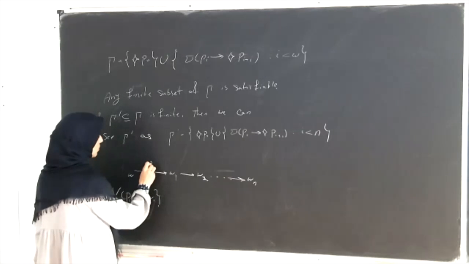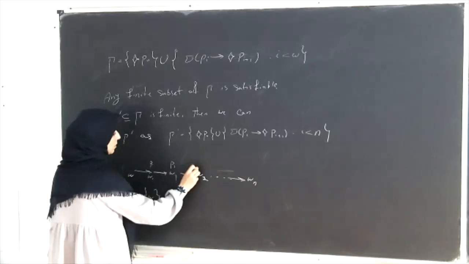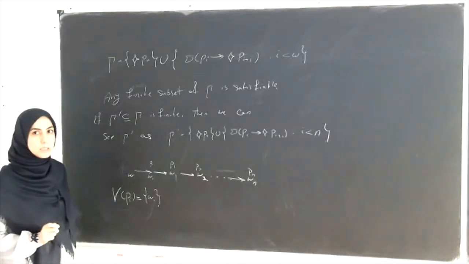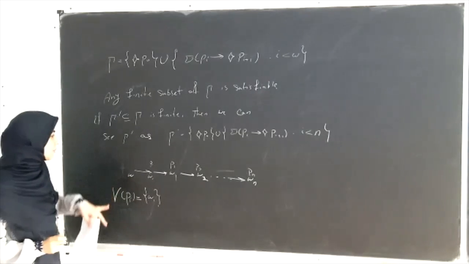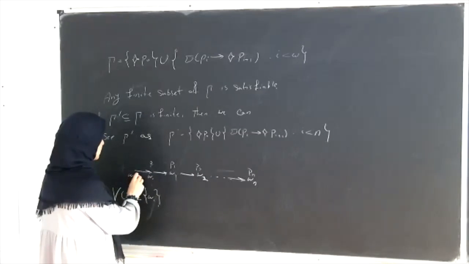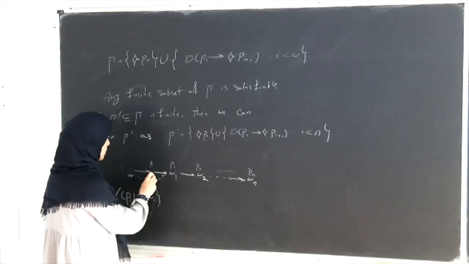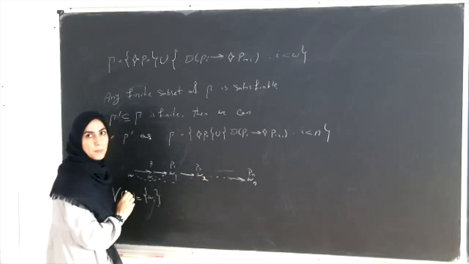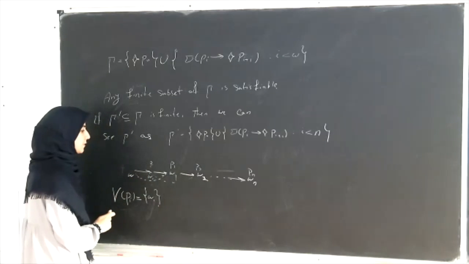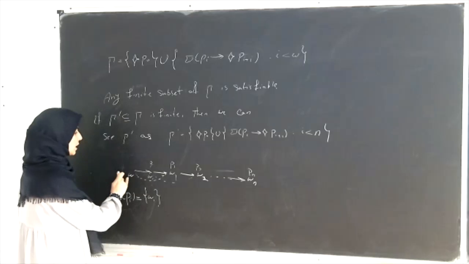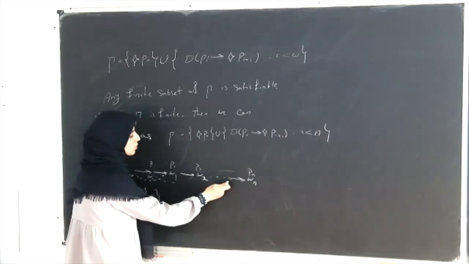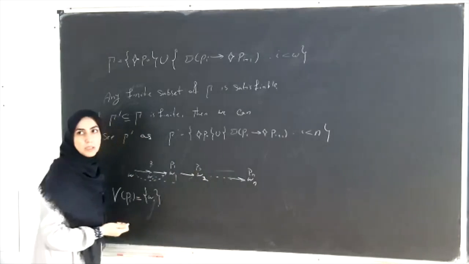So in W0, P0 is true, in W1, P1, in W2, P2, to Wn we have Pn is true. Then you can see that in W, diamond of P0 is true. And also consider this frame as a transitive frame. You have to add some arrows, but as I said, just consider it as a transitive frame. So at any point where Pi is true, then diamond of Pi plus 1 is true. So it's true in this model.